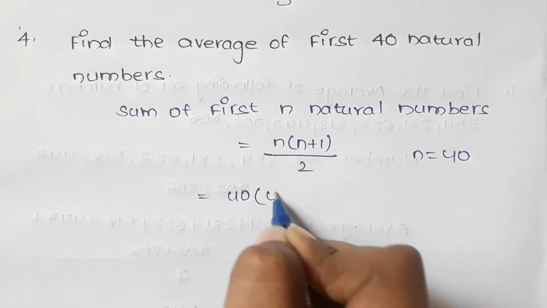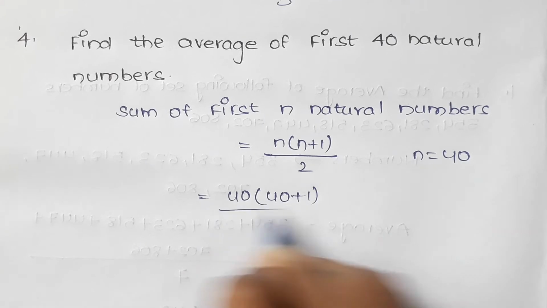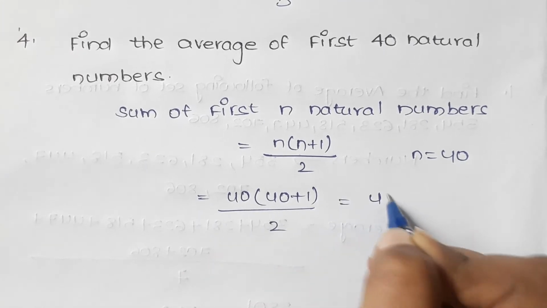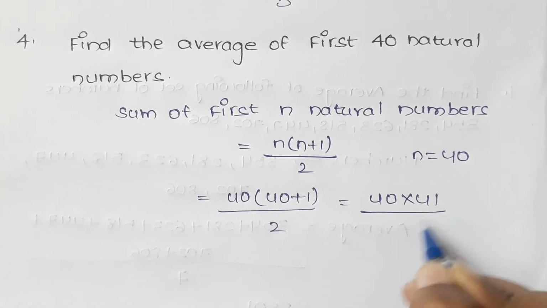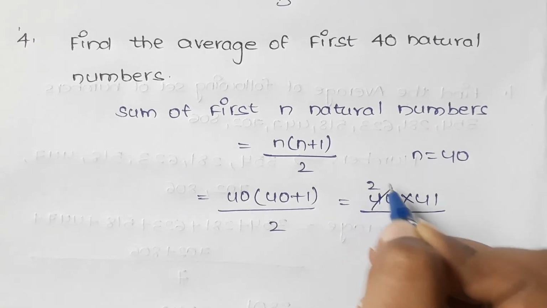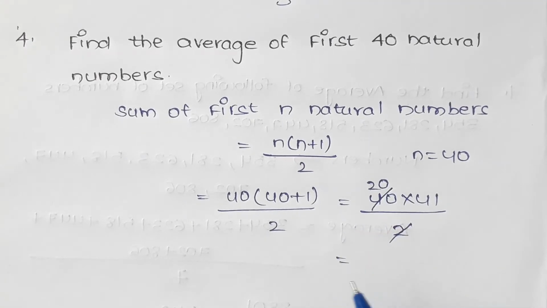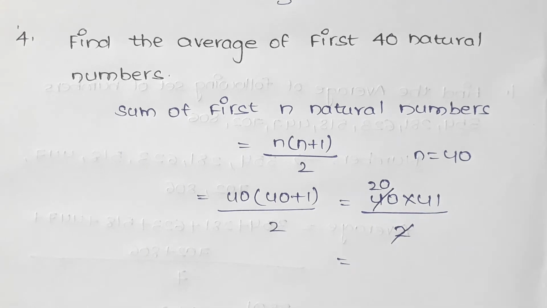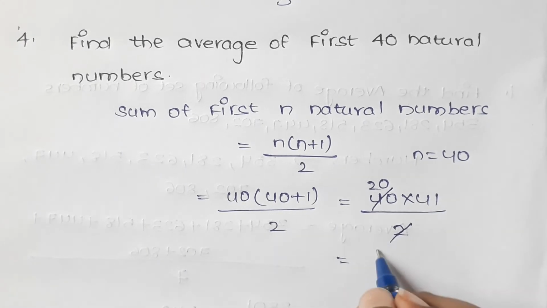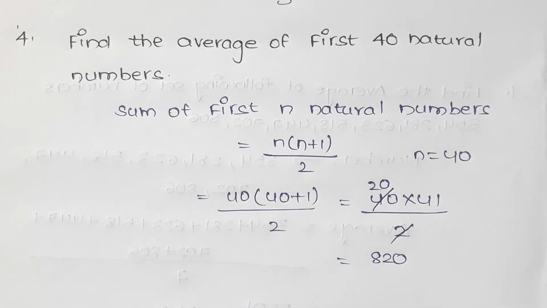That is 40 into 40 plus 1 by 2, 40 into 41 by 2, 2 and 20 here, 41 into 20, 41 into 20 is nothing but 820. This is the sum of first n natural numbers, and now we have to find the average.